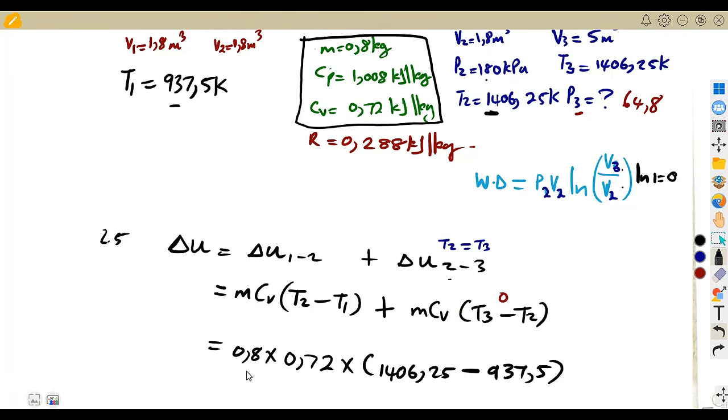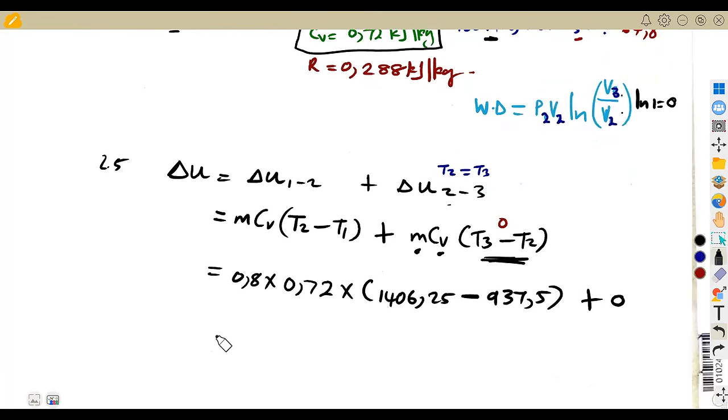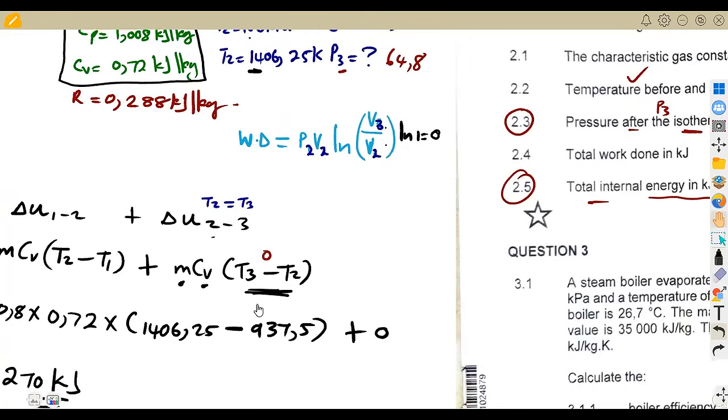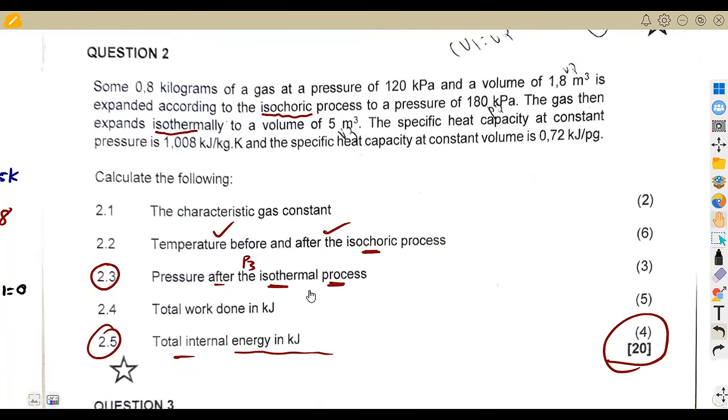Here we're going to substitute, but that is going to give us a 0 at the end. So we obtain our total internal energy as 270 kilojoules in this case, measured in kilojoules. So that was 20 marks. Yes, we've got 20 marks for everything.